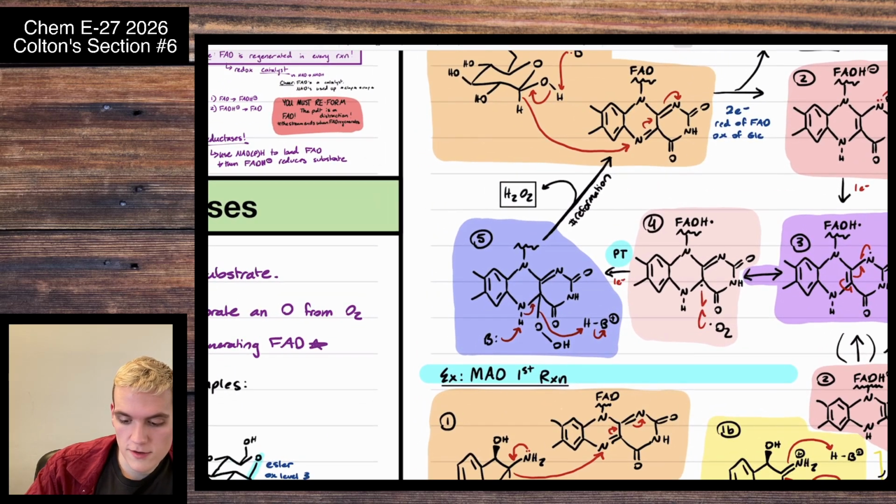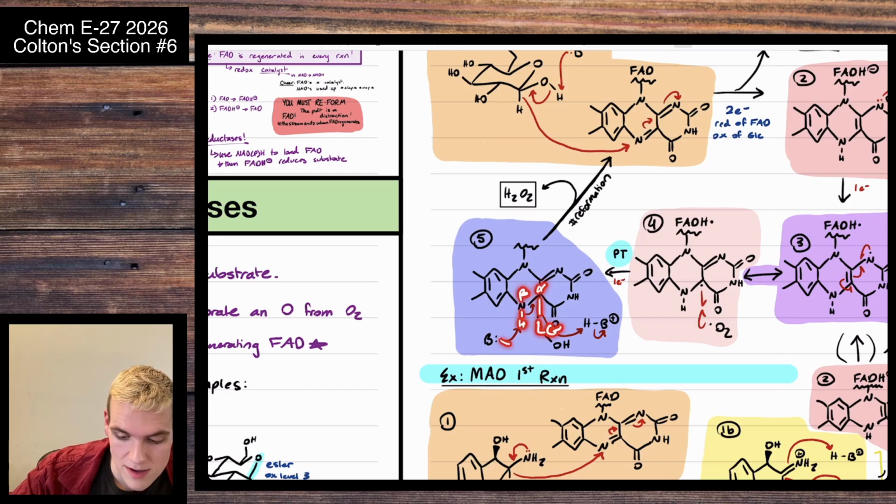So now we are close. We have something that looks like H2O2. We've done this reduction of O2, so FAD has ostensibly been oxidized. And so now to restore FAD, our final step is something that's basically like an elimination. So imagine this is a leaving group, and imagine this is the alpha position, the beta position, a beta hydrogen.